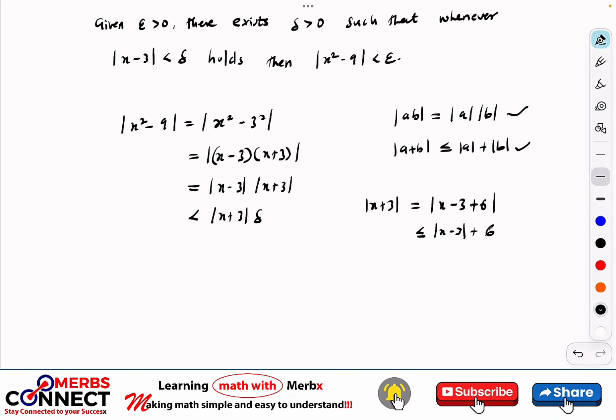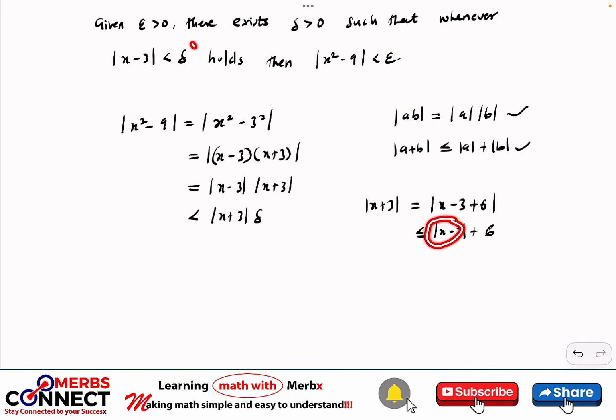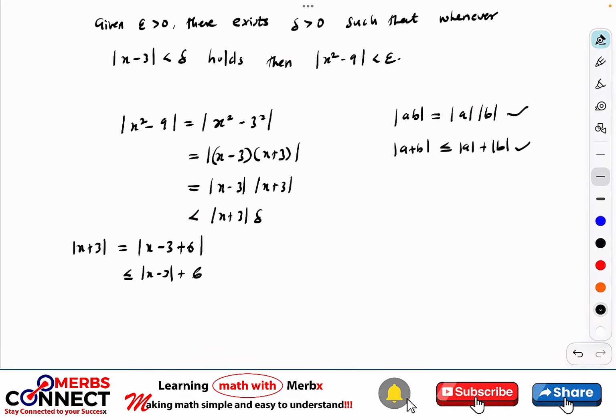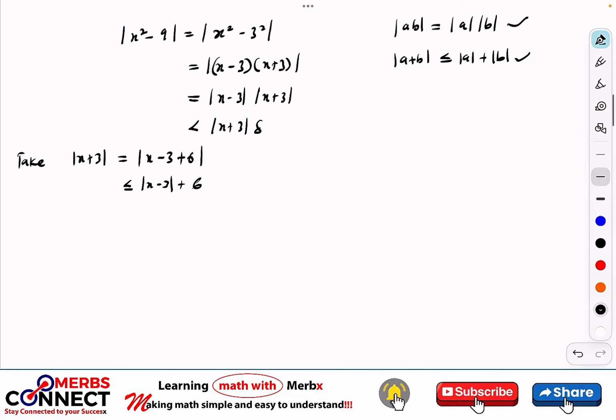Right. So what happens? I now can replace this one by this. So this is part of the solution. Let me just add it here. Great. Then this is less than epsilon. So I'm going to have something like this, less than epsilon plus 6.